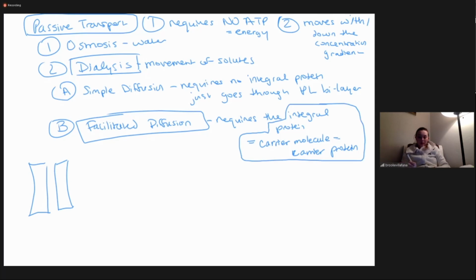So maybe we have glucose, so examples: large, polar, hydrophilic. Oh, sorry, I don't know what happened to my spelling there. Hydrophilic.